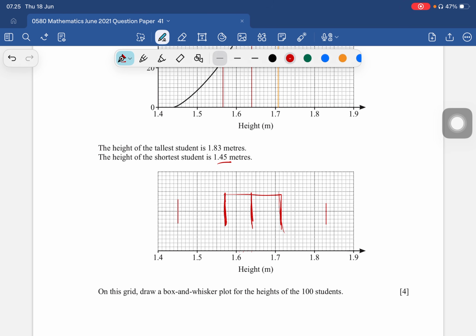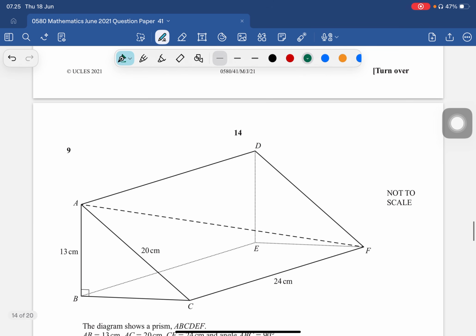Okay, there you go. So here is the shortest. This is the tallest. Q1, Q2, and Q3. Okay, there it is. Thank you.